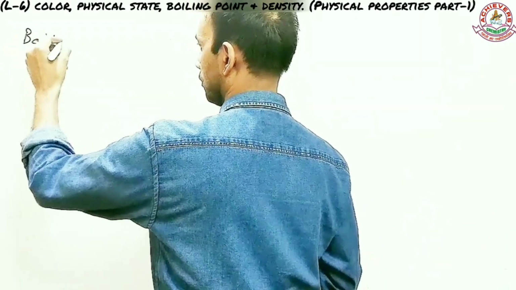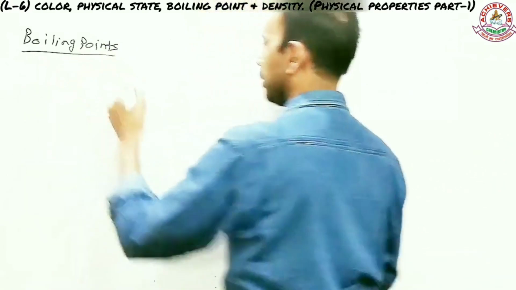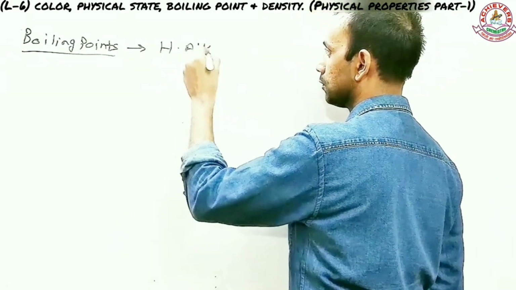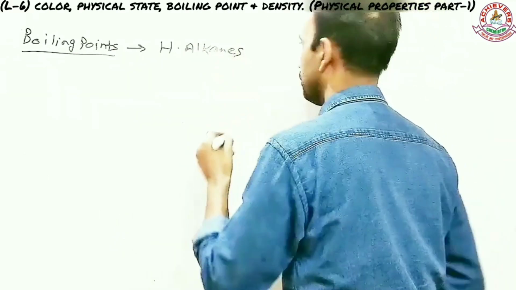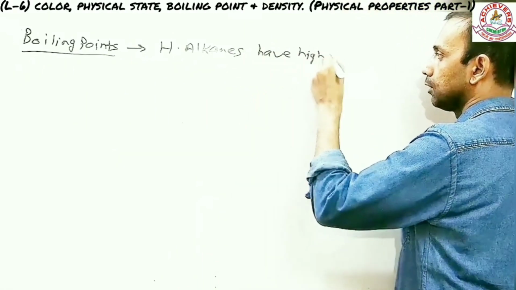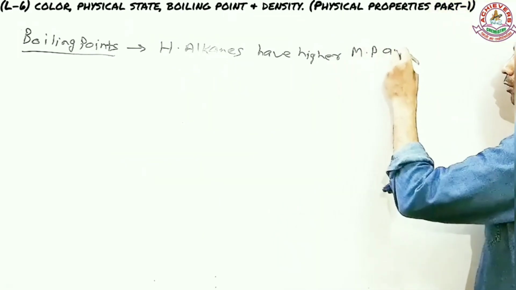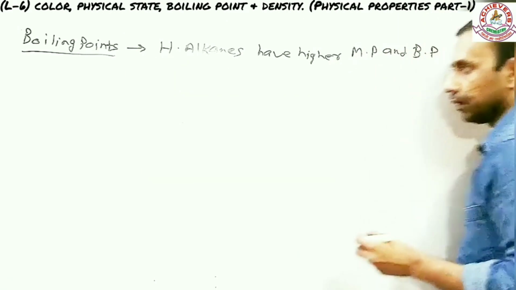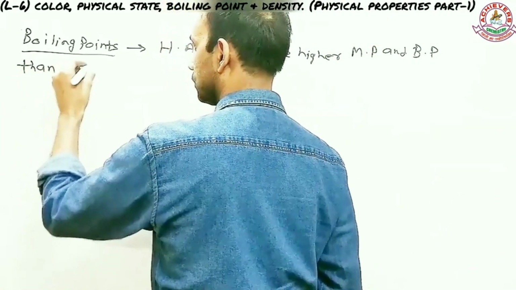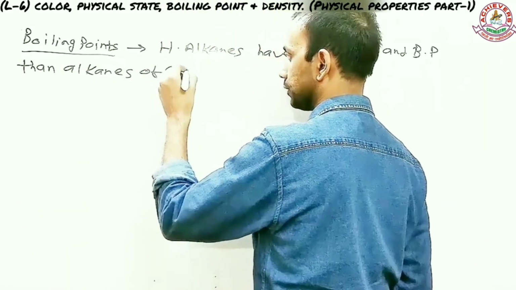Haloalkanes have higher melting and boiling points than alkanes of comparable masses.